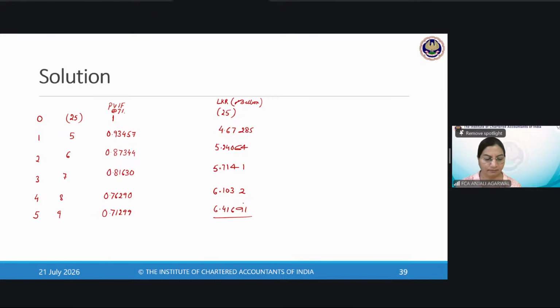you will get the present value in Sri Lankan currency. So the present value is 3.1477 billion.